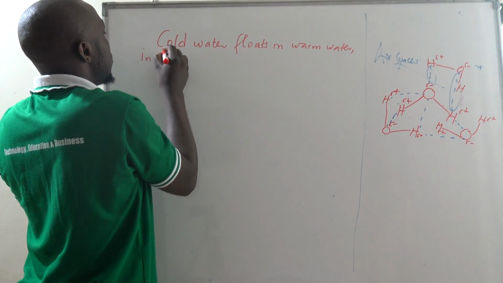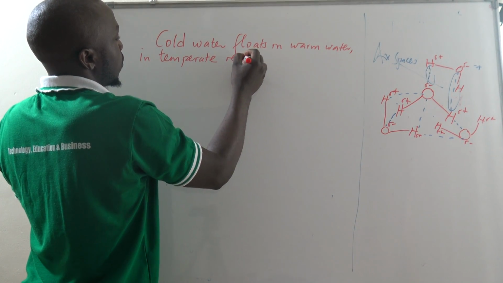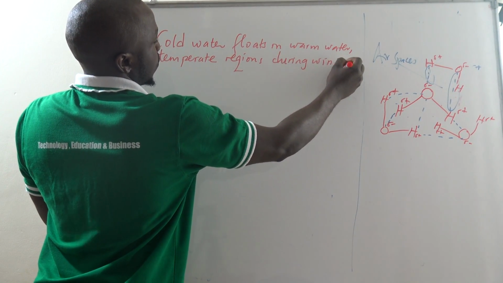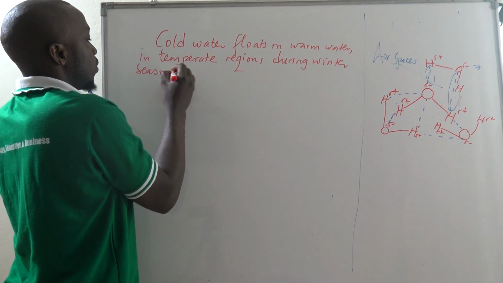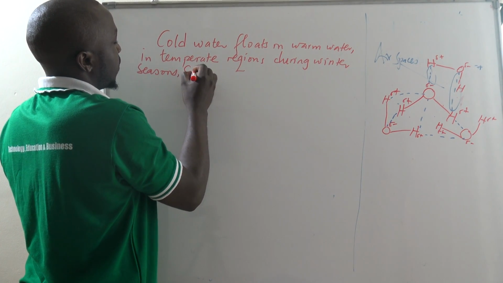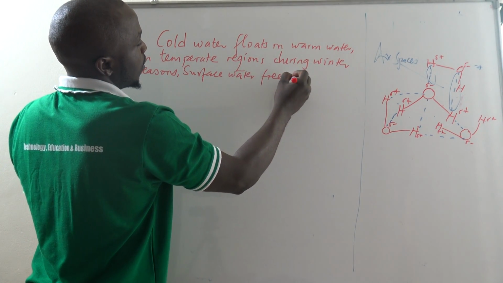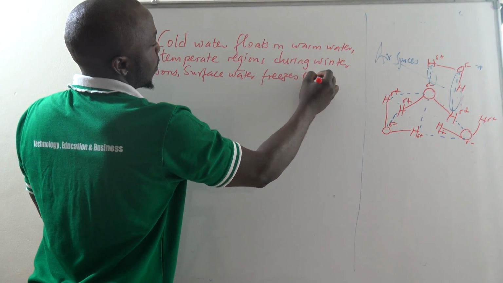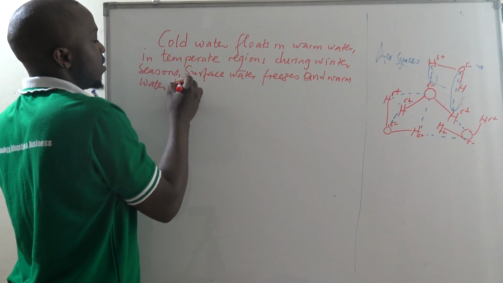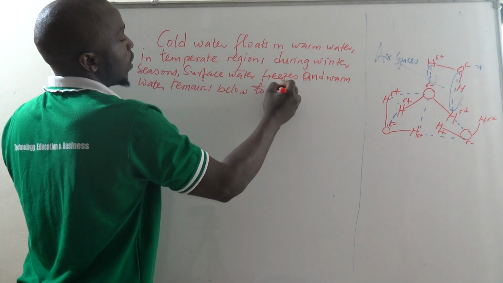So in temperate regions during winter seasons, surface water freezes and warm water remains below, to continue supporting aquatic life.